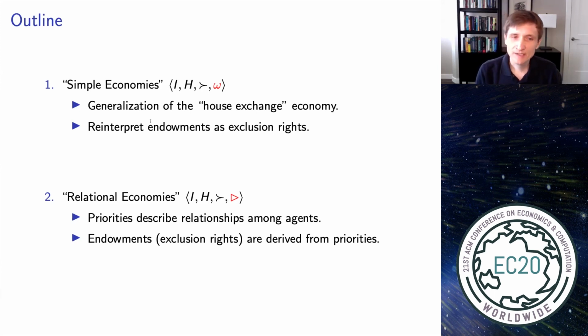We then explain how you can use that idea to endogenously derive endowments, which we interpret as exclusion rights, and then apply our solutions. I will not have time to talk about this part of the paper today, but it's in some way the technical essence of much of our analysis.